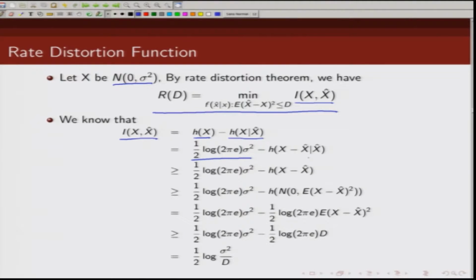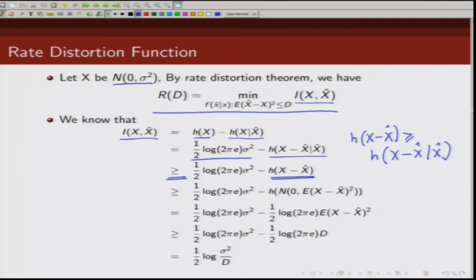Now this is the differential entropy of X minus X hat conditioned on X hat. So, we know that conditioning cannot increase entropy. So, h of X minus X hat is going to be greater than h of X minus X hat given X hat. So, in this step we are subtracting a larger quantity, and that is why I have here a lower bound.